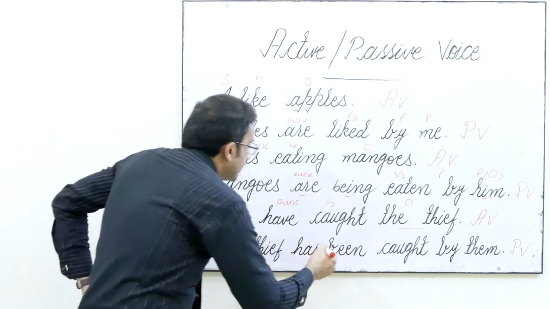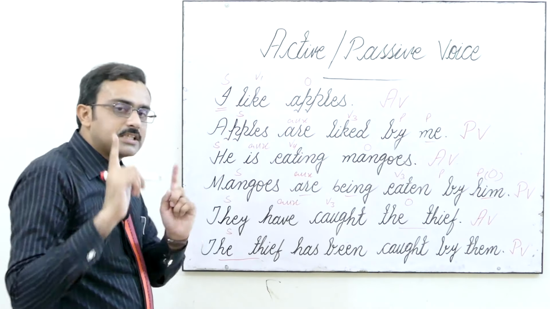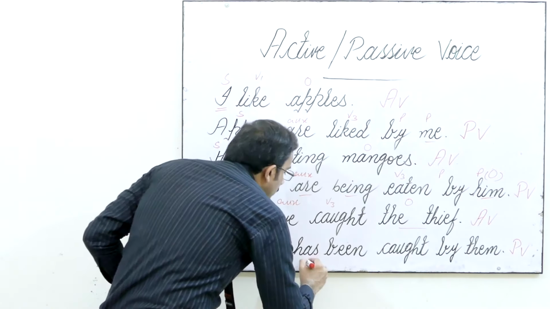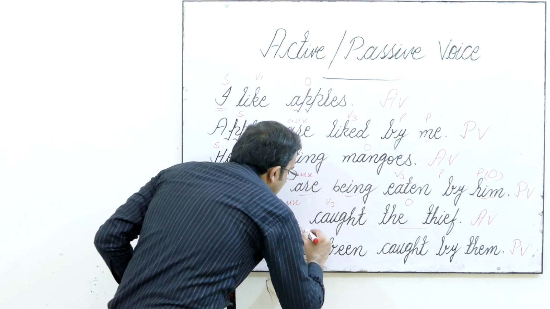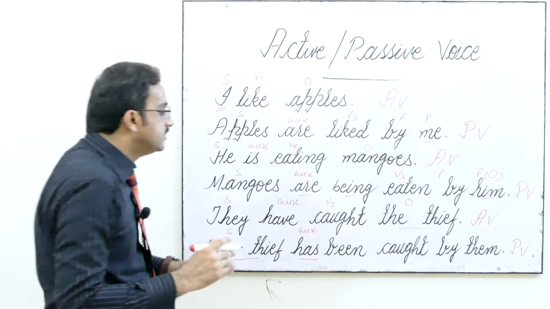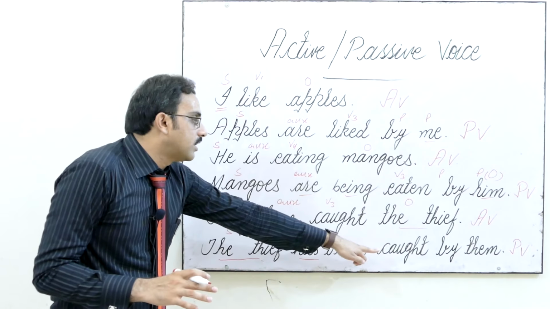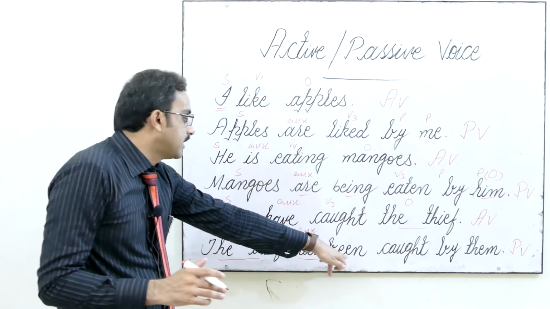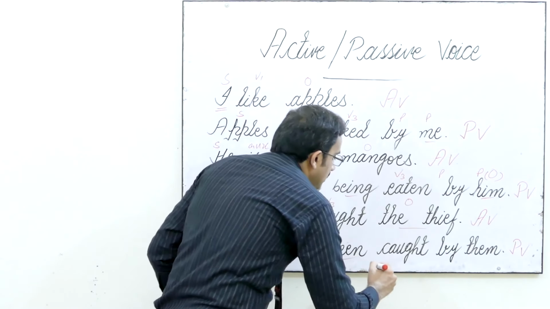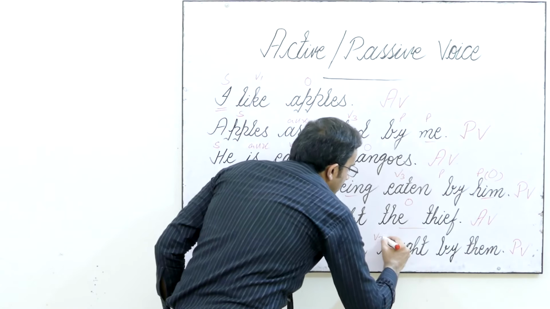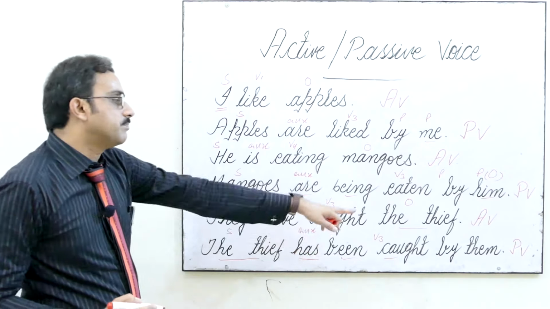The object is first, then has been, because thief is singular. We used the auxiliary has, and just to have a little difference, we use been before the past participle. Got that? And this is your V3. And then a preposition.